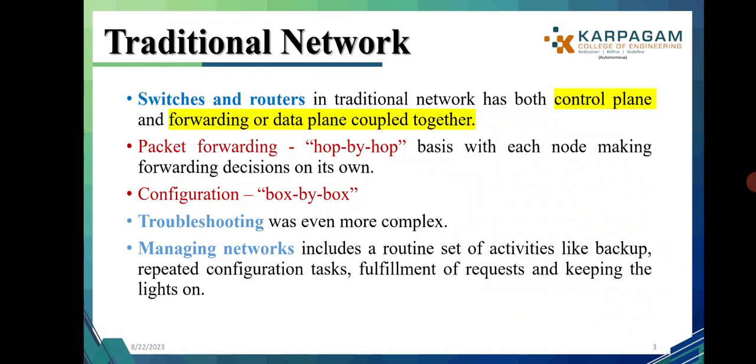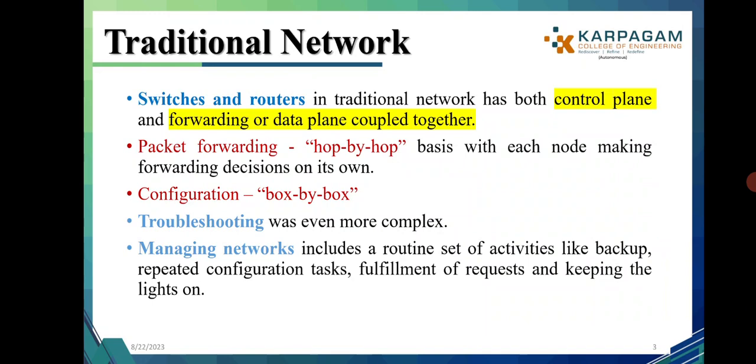The data has to jump from a switch to a router, then a router to a switch, or a router to a router. Then it has to pass multiple hops. That is, it has to jump multiple devices to reach the destination, right? That is how a packet or data is forwarded from source to destination.